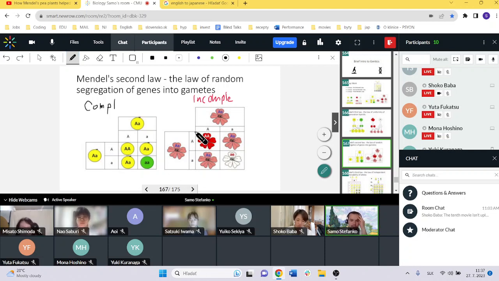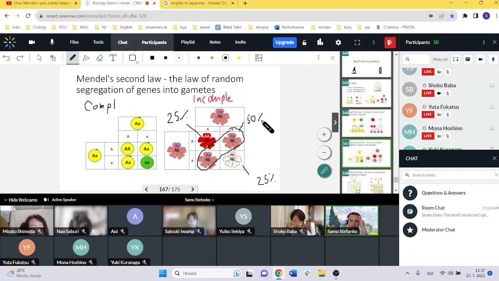Probability for homozygote, dominant homozygote is 25%. Probability for recessive homozygote is also 25%. Okay? But probability to have heterozygous as the offspring is 50%.